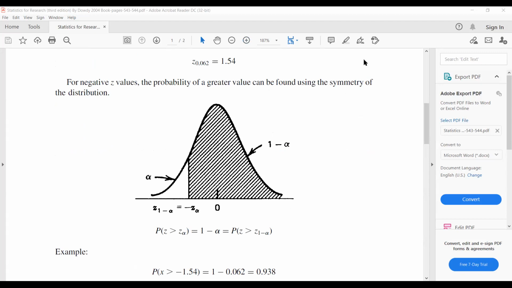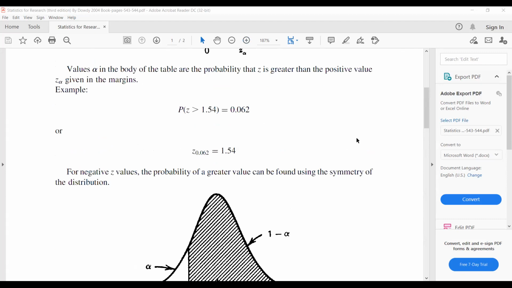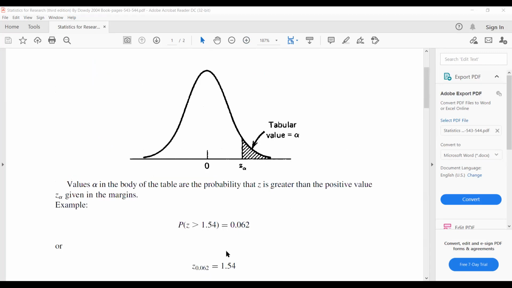So balik tayo sa taas kanina. Ano ba yung 1.54 na yun? So yung Z natin na nakuha, nung ginawa natin siyang into a standardized value, we get a value of 1.54.